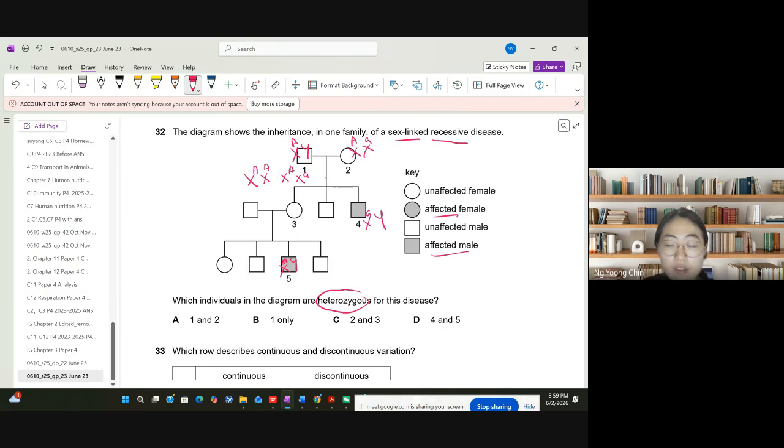And then for the male, XY, and the final male will be affected, which is like this. So this is affected. And then you have a carrier. So this is a carrier, which is number 3. So number 2 is a carrier. Number 3 is a carrier. So that's why you can produce a male who is affected, because they just inherit the recessive allele from the mother, who is a carrier. So the answer is 2 and 3.